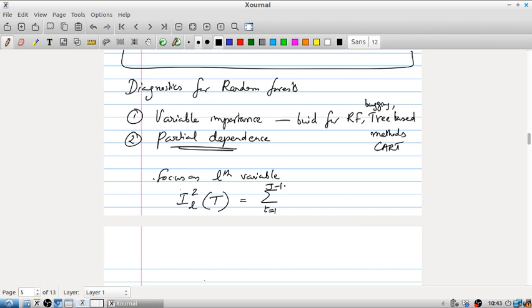So what is little t indexing? It's going to index nodes. If you have a tree with j terminal nodes, it will have j minus 1 internal nodes. That's a fact.